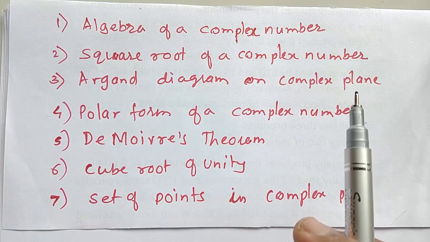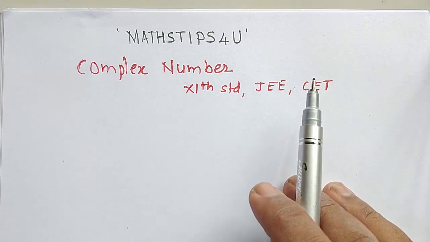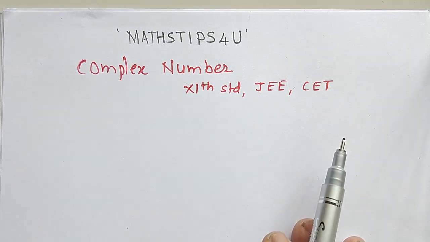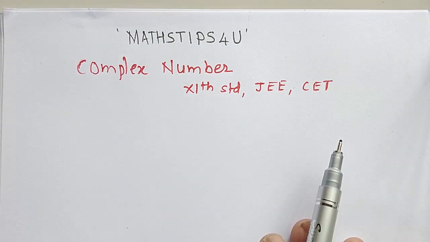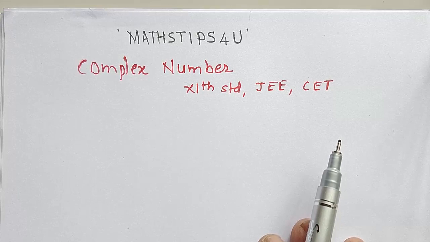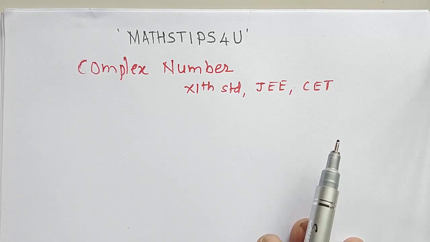Now, we shall start with complex numbers. First, we shall define what is meant by a complex number. Before that, we should know the types of numbers. There are different types of numbers: natural numbers, whole numbers, integers, rational, irrational and real.